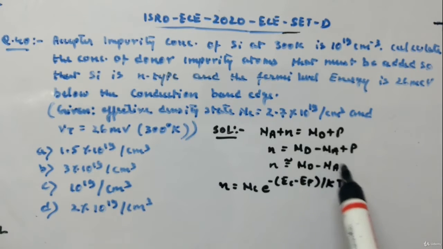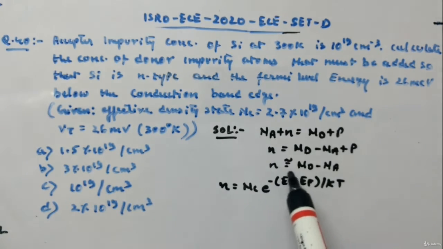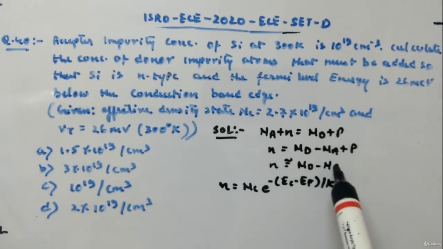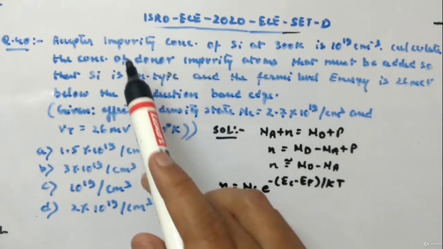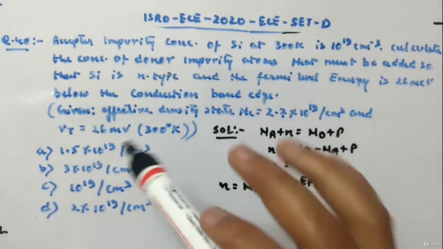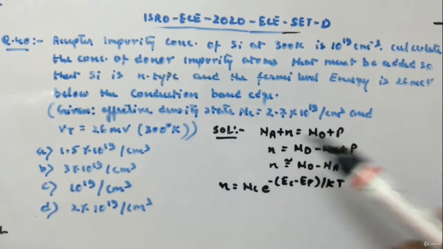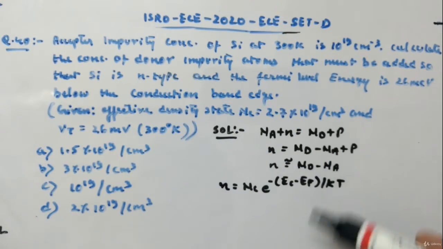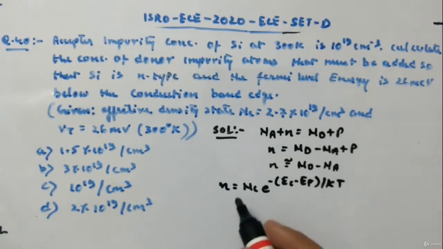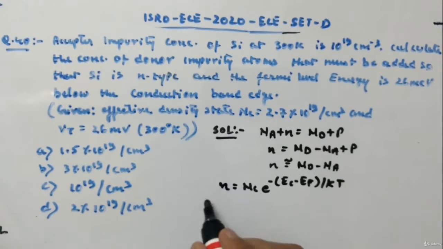That's the reason this Na is coming into the picture. Else we usually keep n approximately equal to Nd, but here Na is also coming in because the doping is done with both the impurities. Else we would have neglected this term as well. So that's the catch in the question.